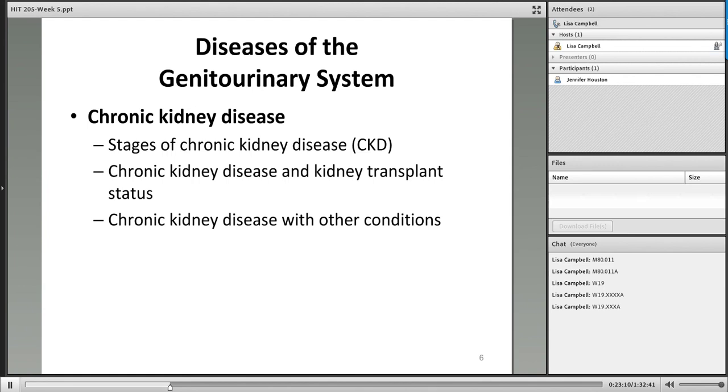There's also a guideline that states if the patient has chronic kidney disease and a stage is listed, and they also list end-stage renal disease, we're only going to list the code for end-stage renal disease first, only. So you're probably wondering, well, why do we do that? I want you to remember that coding is a classification system.